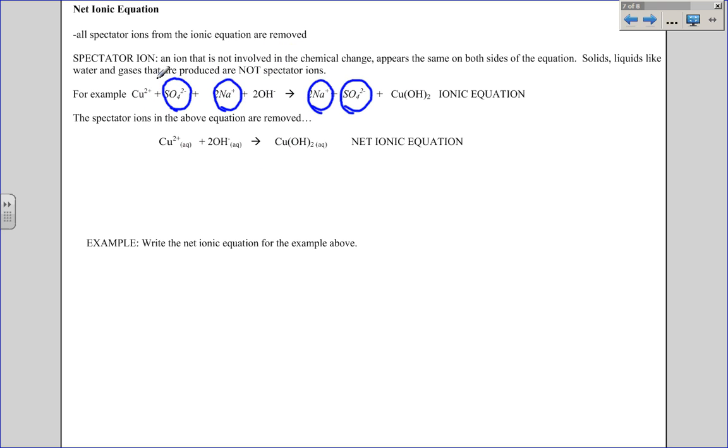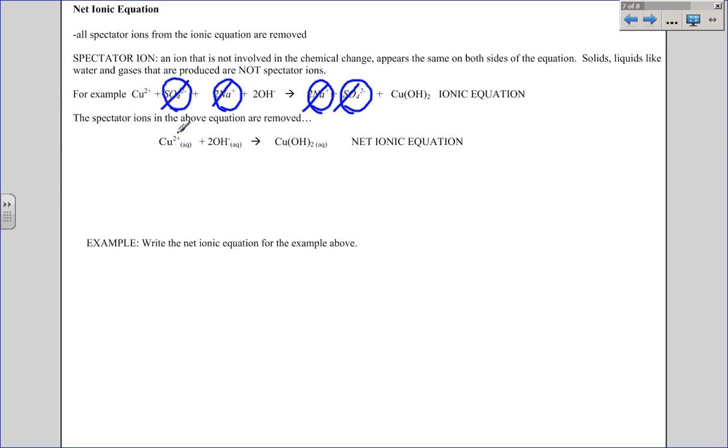The copper ions are now part of a precipitate, so they have changed. The hydroxide ions are now part of the precipitate, so they have changed. But the other ions, the sodium and the sulfate, have not participated, and they are simply spectators. So we remove the spectators, and what's left over is our net ionic equation.